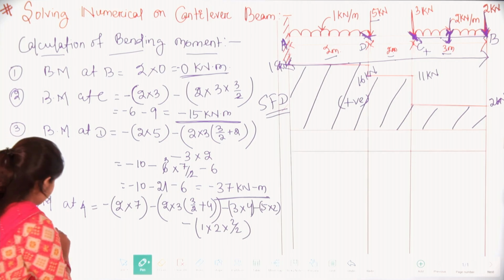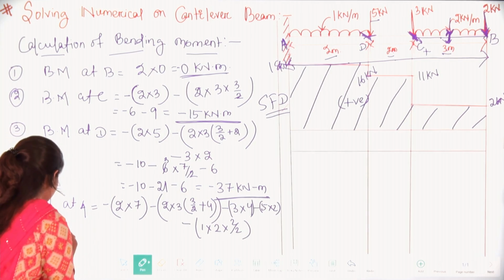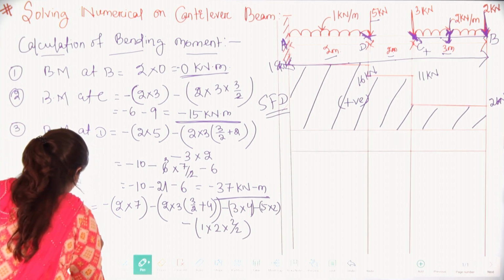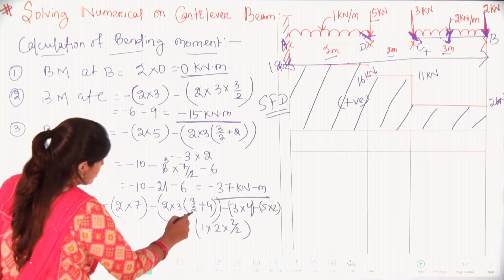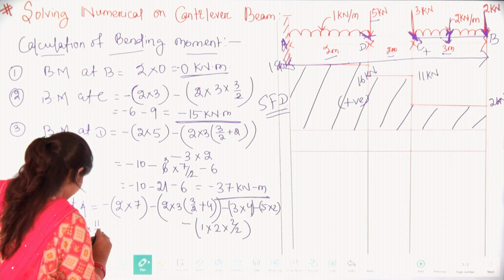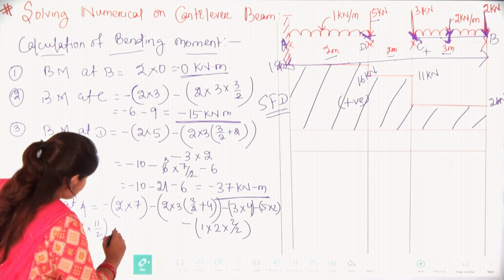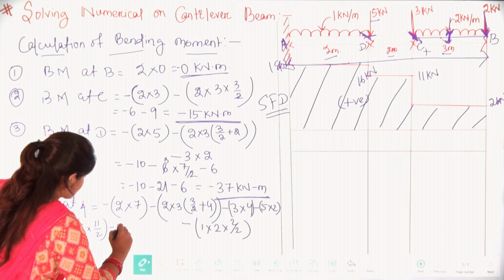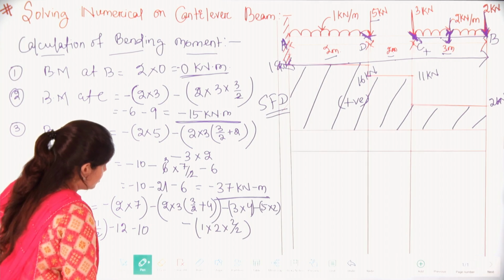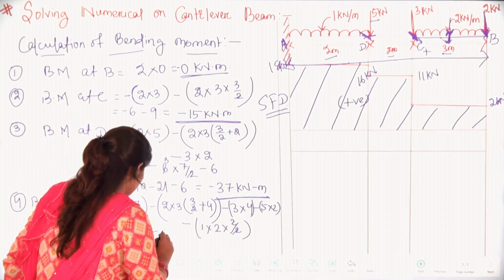So let's do our work, like minus 14 minus 6 into 11 by 2, minus 4 into 3, that is 12, minus 5 into 2, 10, and here minus 2.